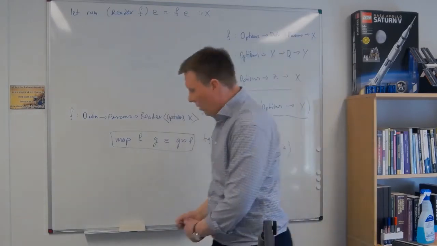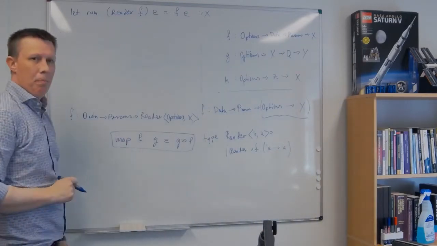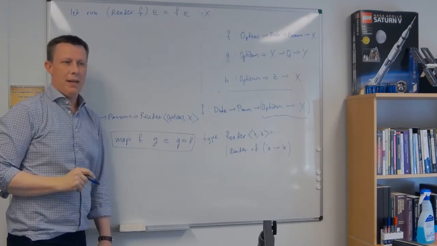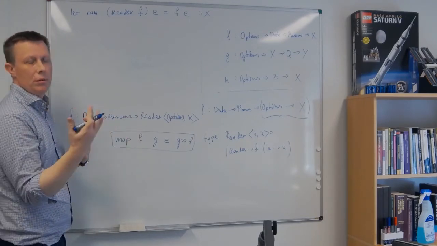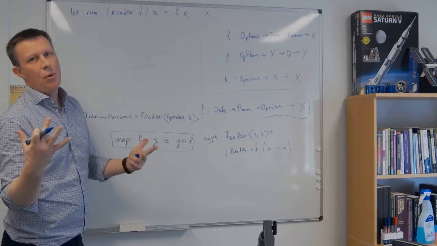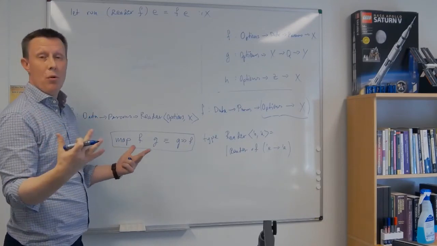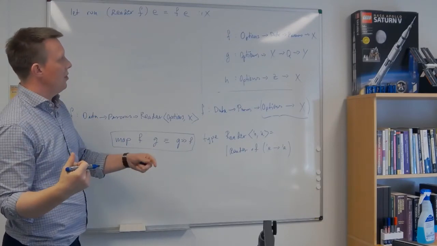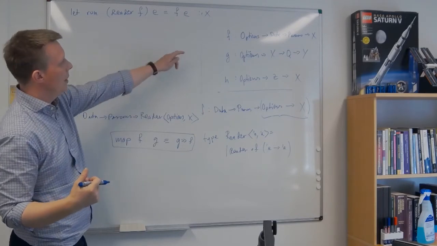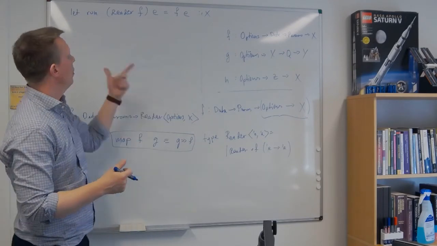So, okay, let's just bite the bullet and look at bind. So suppose we now want to compose these two functions, both returning a reader of some type. So how would we do that?